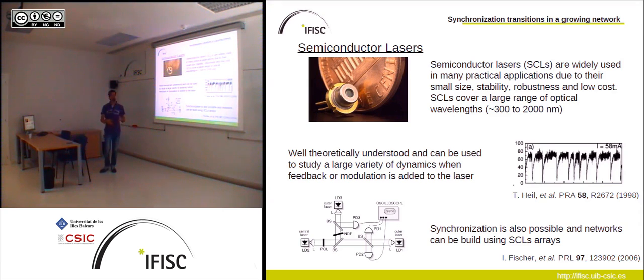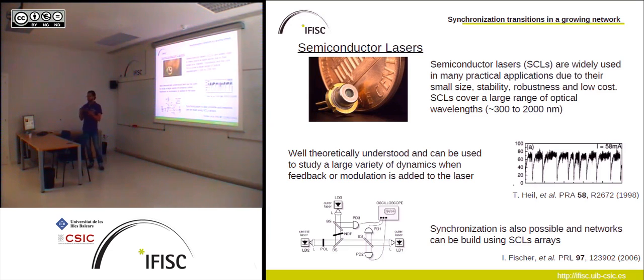So kinds of dynamics like low frequency fluctuations can be found, and other different ones, but also have been studied with lasers with modulation, also for optical communications that are very interesting.